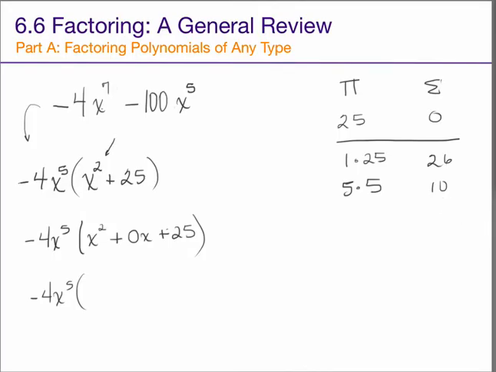I can't. So this doesn't factor. Does that mean I scratch the whole thing out and say this doesn't factor? No, not at all. Look, I did factor it. This is the factored form of this. It's just that this factor doesn't factor anymore. So this is actually my answer.